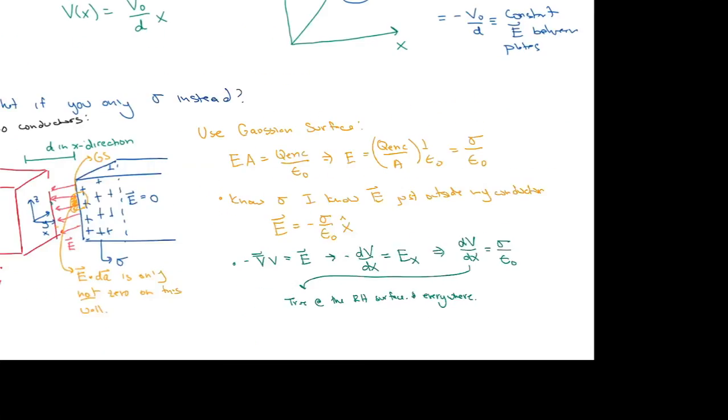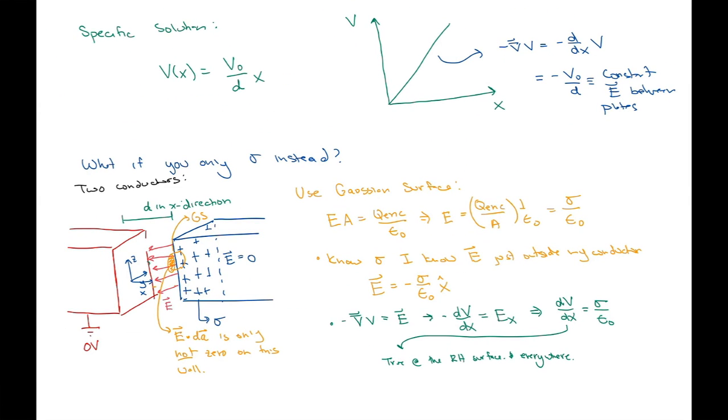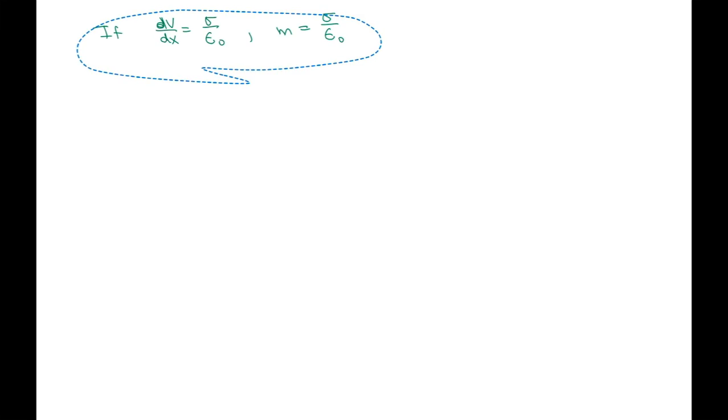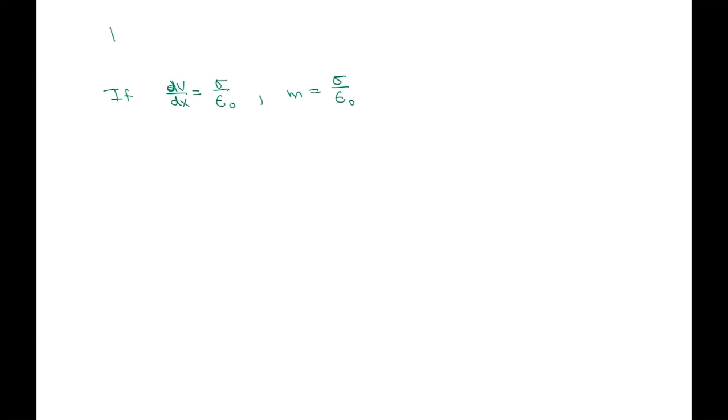So this basically tells me if I look at my general solution, if I know that the derivative of the potential is equal to the surface charge density over epsilon naught, I know that that is also what m is equal to in my general solution for a potential, okay, which, by the way, I know the general solution.